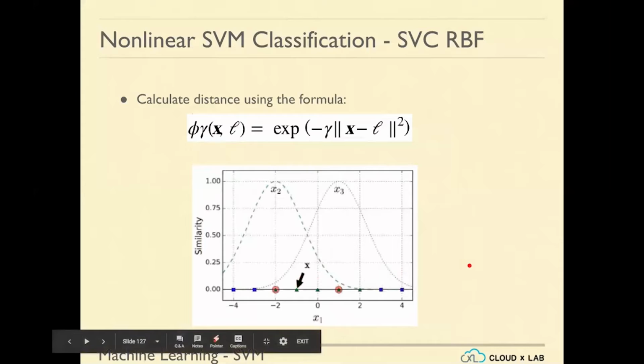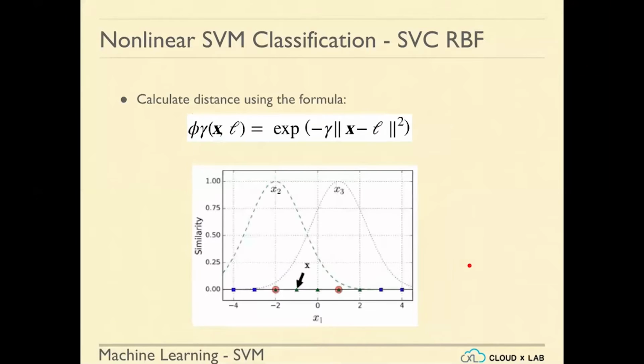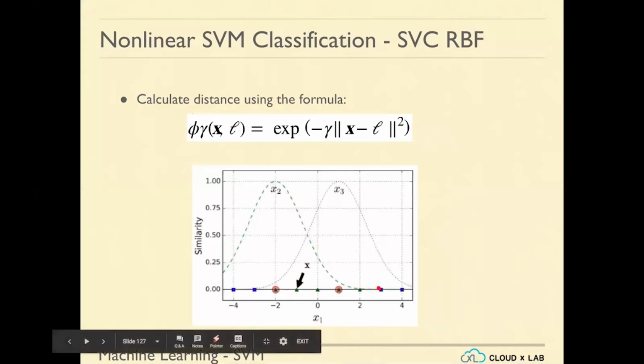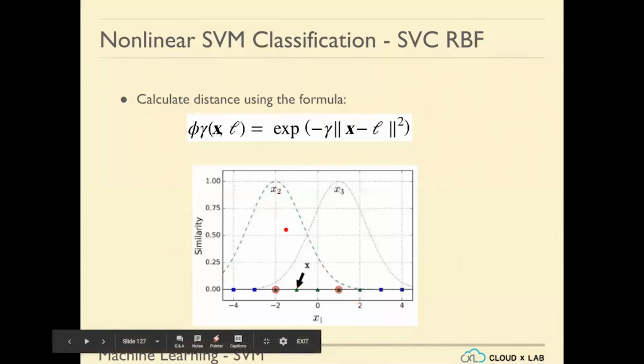If you draw those landmarks, the similarity features like x2 go up, then go down, based on one landmark. On this landmark, the similarity goes like this. So you can see that if you choose different landmarks, it'll be different.